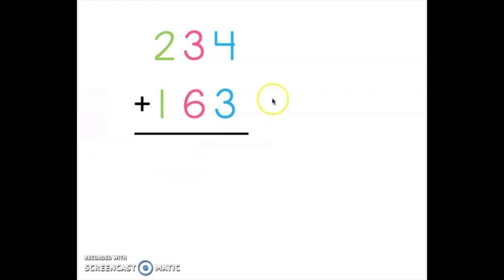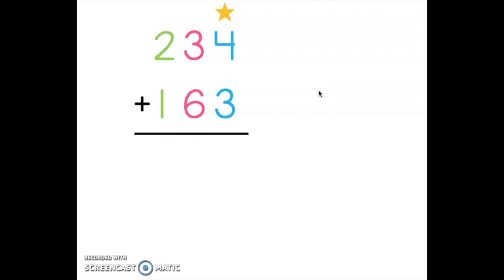I have already set it up for you vertically. So we've got the number 234 plus 163. Notice how my ones are lined up, my tens are lined up, and my hundreds are lined up.